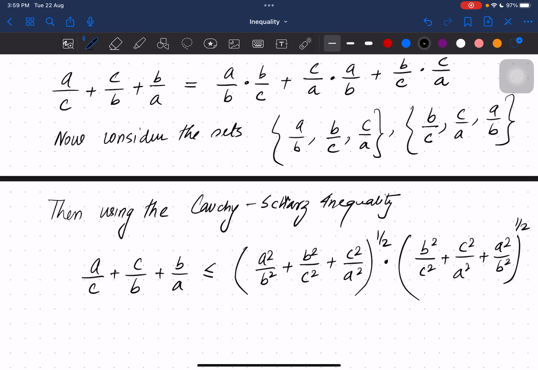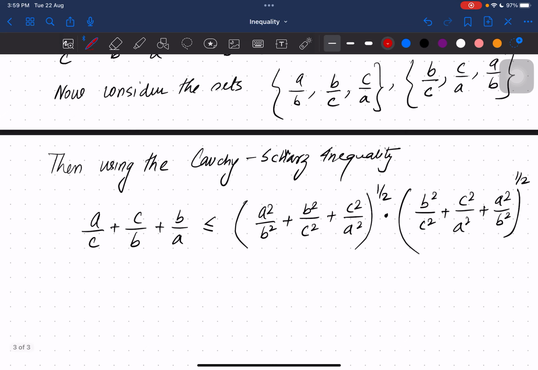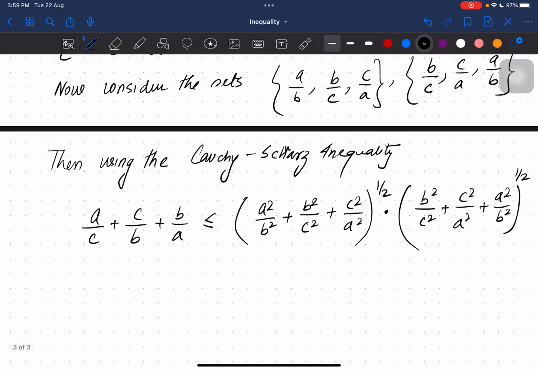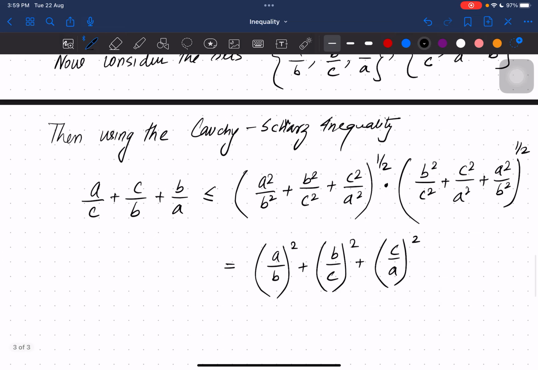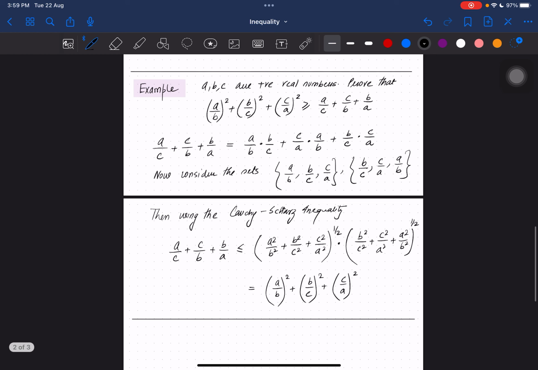But you can see that these two are nothing but the same quantity, only rearrangements of each other. So this is nothing but equal to the left side. Right. So this gives us the inequality you wanted to prove.